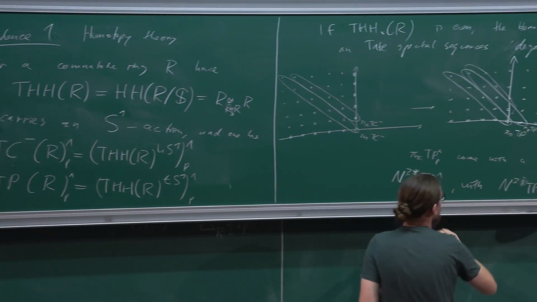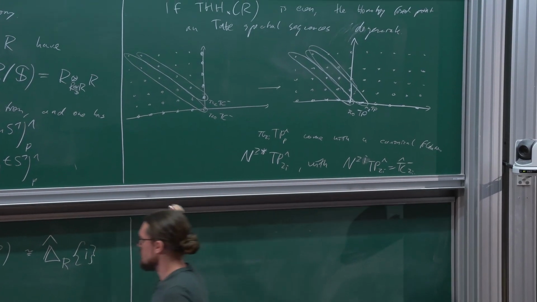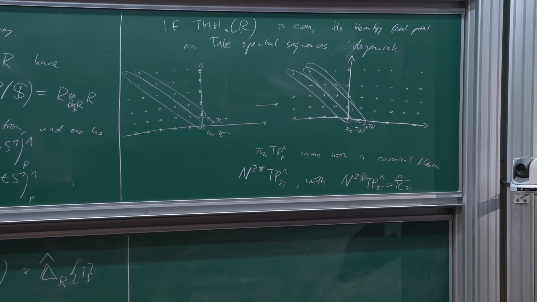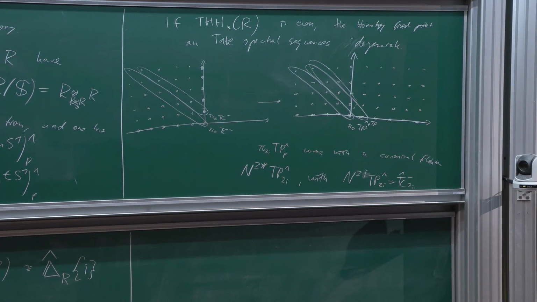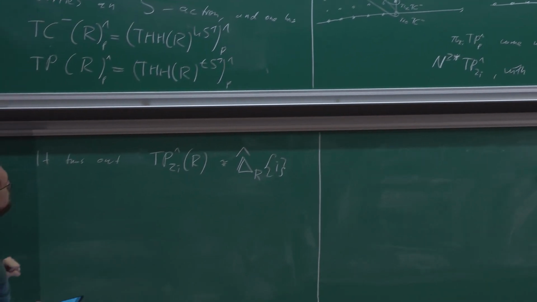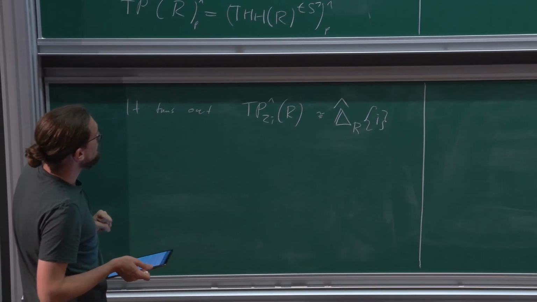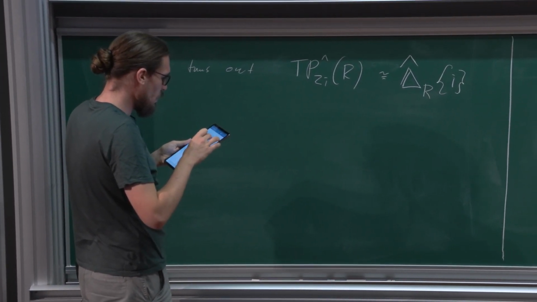So everything here is p-adically complete. And this commutes with fixed points? It does. Yes. So you have to complete once, either inside or outside. Okay. Right.